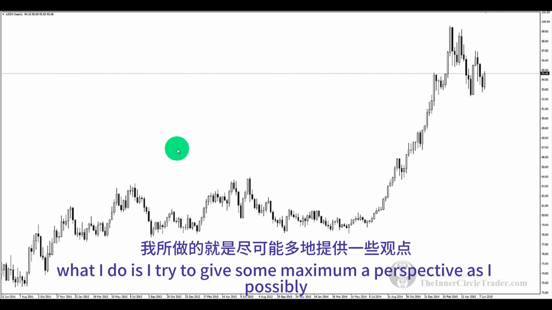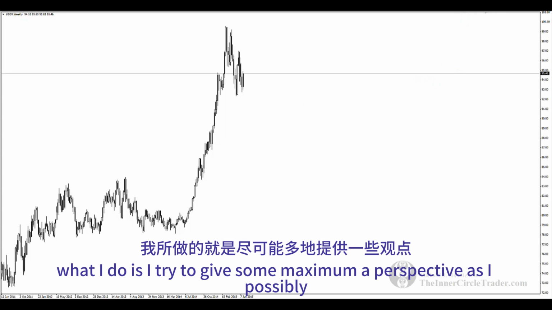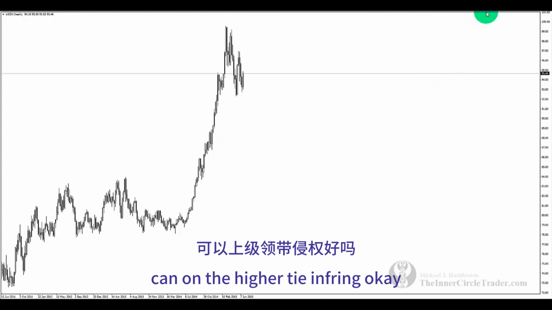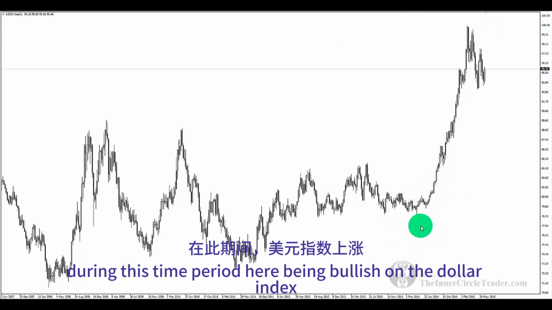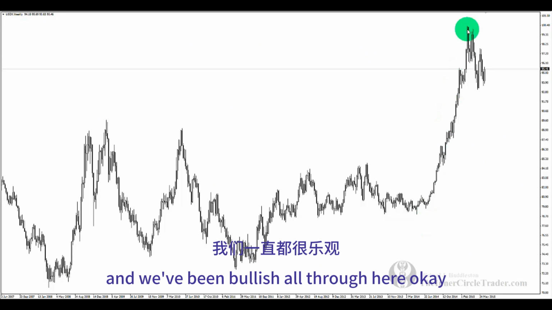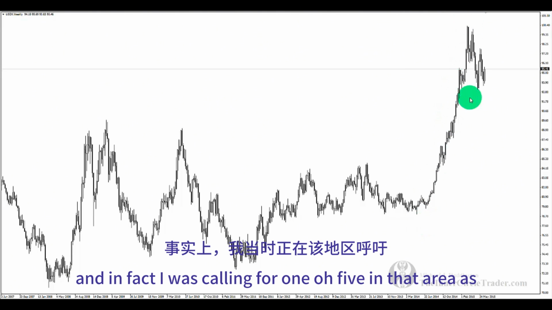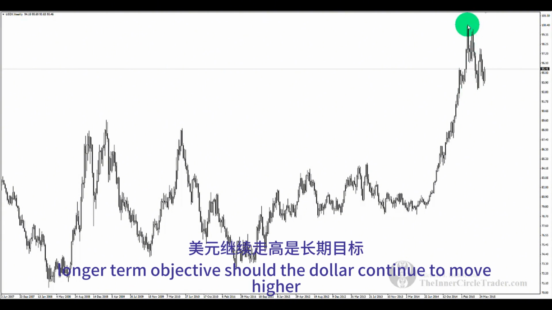What I do is I try to get as maximum perspective as I possibly can on the higher time frame. Okay, and we talked about during this time period being bullish on the dollar index, and we've been bullish all through here. In fact, I was calling for 105 in that area as a longer term objective should the dollar continue its move higher.